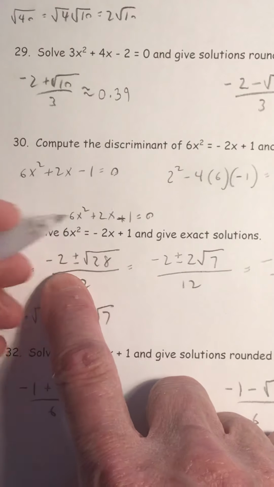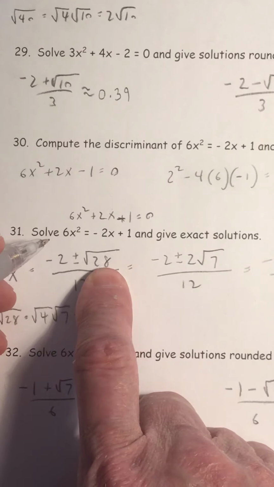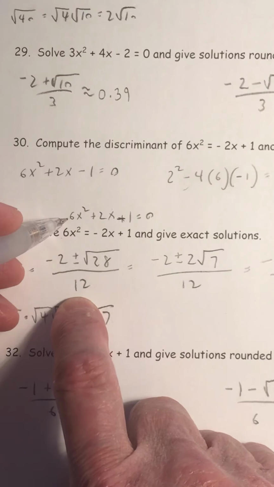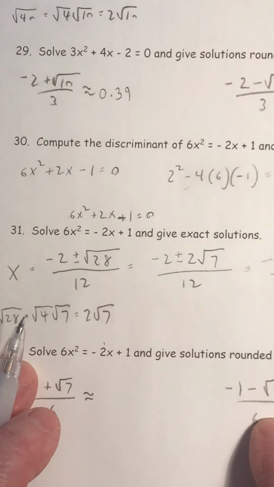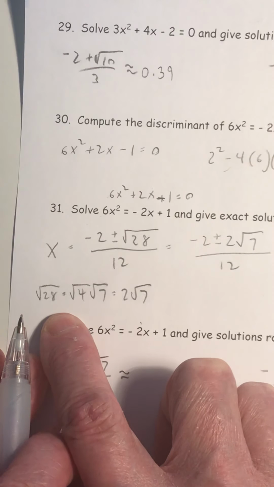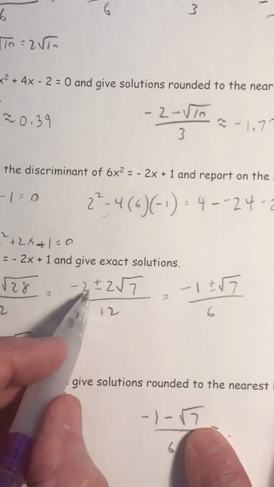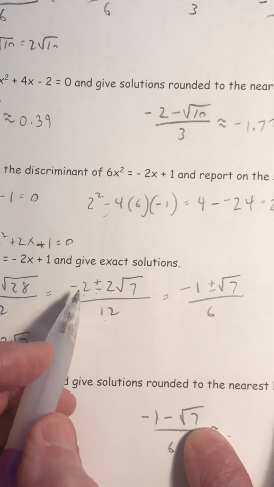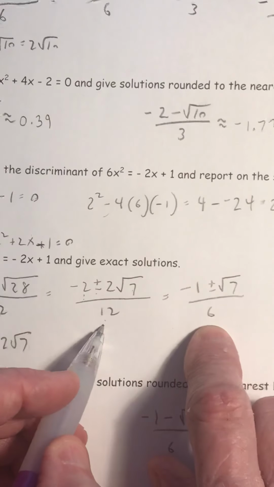The b is positive 2, so there's the opposite of b, plus or minus the square root of b squared minus 4ac, which we computed up there, all over 2 times the a number, 2 times 6, 12. Okay? And square root of 28 can be simplified a little bit. That's the same as root 4 root 7, which becomes 2 root 7. We now have -2 plus or minus 2 root 7 over 12. Divide everything by 2, which makes that a -1, and makes that 1 root 7, and makes that 6.